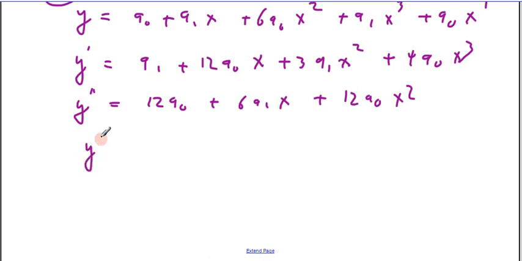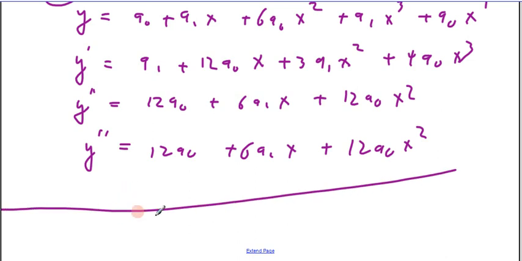And we're going to need two of them, so I'll write down that one more time. 12a0 plus 6a1x plus 12a0x squared. Oh well, that was a nice straight line, wasn't it?